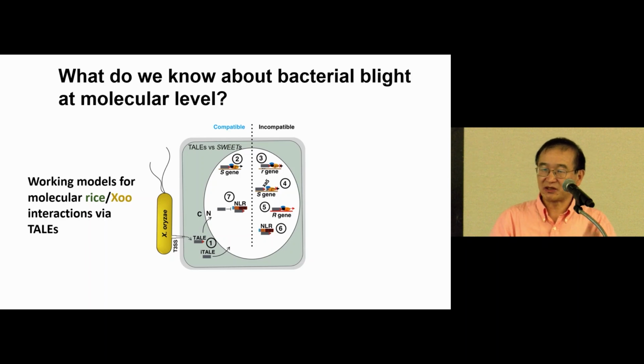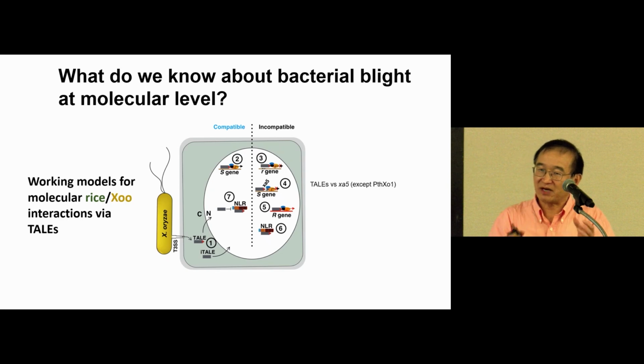When the bacteria secrete the TAL effector and target the SWEET gene, in this case the sucrose transporter gene, once the gene is activated the plant becomes susceptible, and this is the compatible interaction. At the same time, from the right side, they have the promoter mutation, which prevents the TAL effector binding to the SWEET gene, and the plant becomes totally resistant, which is recognized as the dominant resistance gene. So that's the arms race between rice and the bacteria.